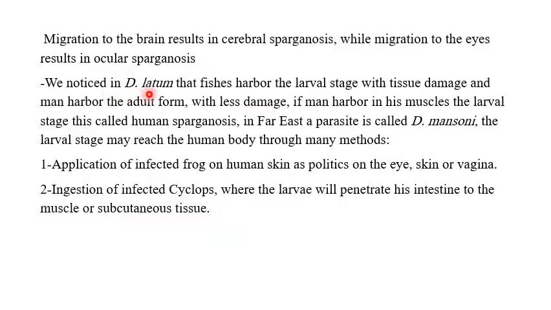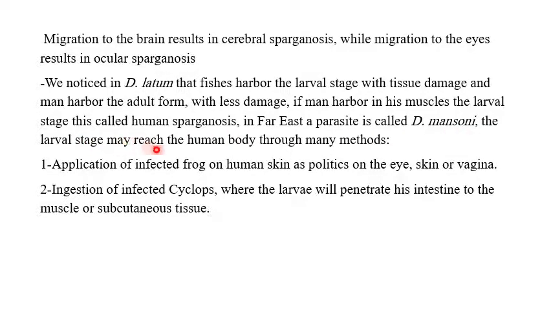We noticed that in Diphyllobothrium latum, fishes harbor the larval stage with tissue damage, and man harbors the adult form with less damage. If man harbors the larval stage in his muscle, this is called human sparganosis. In the Far East, the parasite is called Diphyllobothrium mansoni.